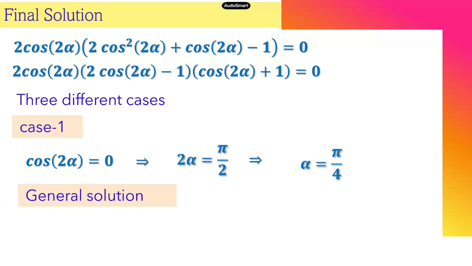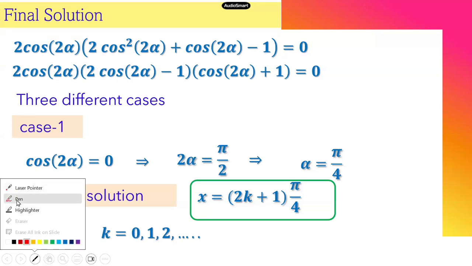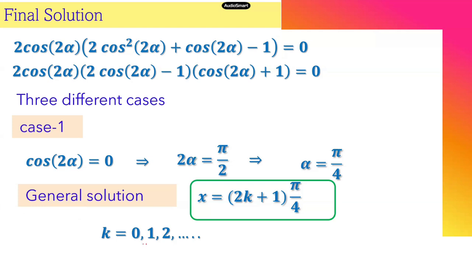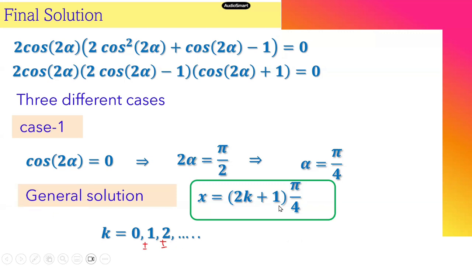But if you take the general solution, due to the periodicity of the cosine function, this will be x equal to (2k plus 1) pi over 4, for k equal to 0, plus or minus 1, plus or minus 2, and so on. Okay, so this is the first solution we have, case 1.